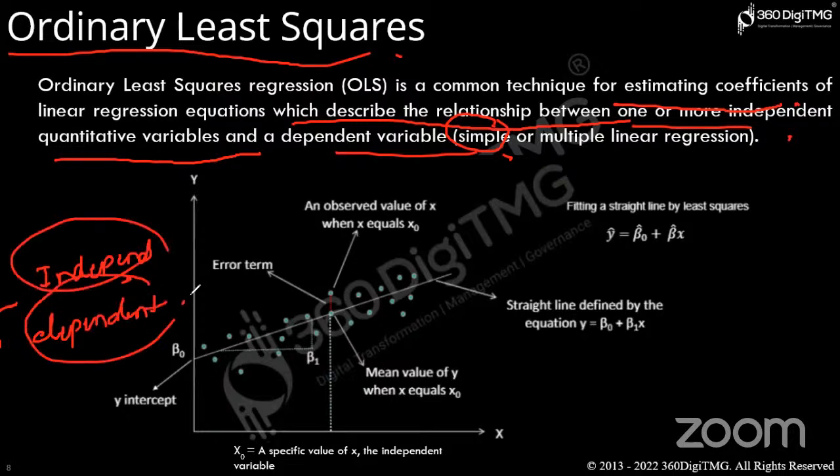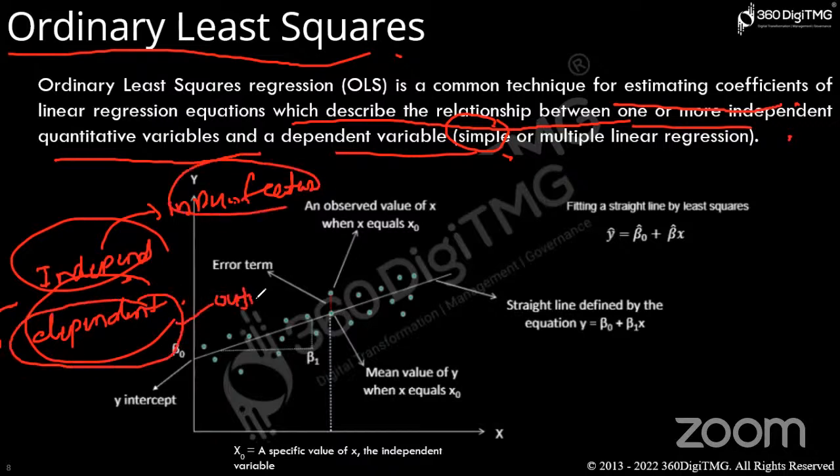The independent variable is the input, or you can say feature; we have different names for input. The dependent variable is the output or label. When it comes to multiple linear regression, we will have multiple.